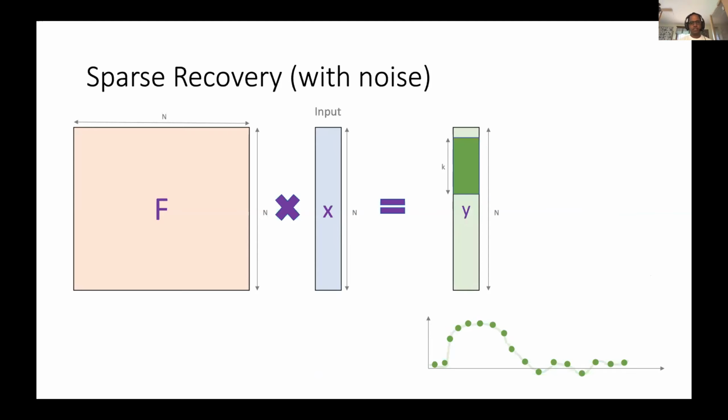Now, more generally, you want to handle the case when there is some noise in y as well. So instead of it being 0 outside these large values, which by the way, I'll sometimes refer to as heavy hitters, you also have some small noise over here.